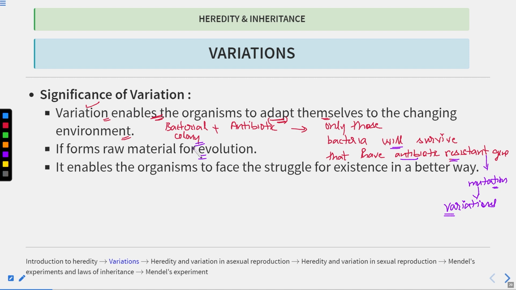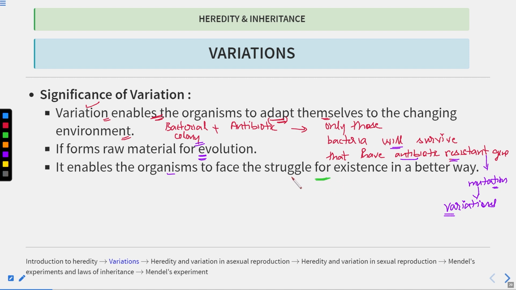Evolution of a new species takes place when the variations get accumulated over time and lead to the evolution of a new species. Now it enables the organisms to face the struggle for existence in a better way. There is always a struggle for existence, and the individuals which are able to adapt to the changing environment will increase in number, and they will be naturally selected.